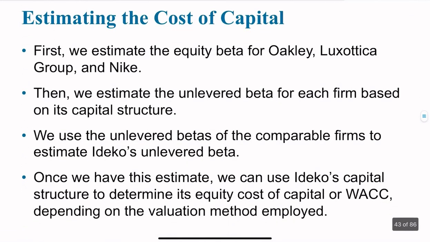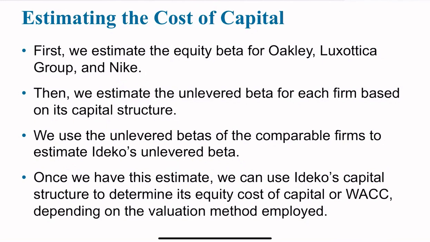So basically we will first estimate the equity beta for comparable firms. Recall that we have three comparable firms: Oakley, Luxottica, and Nike.